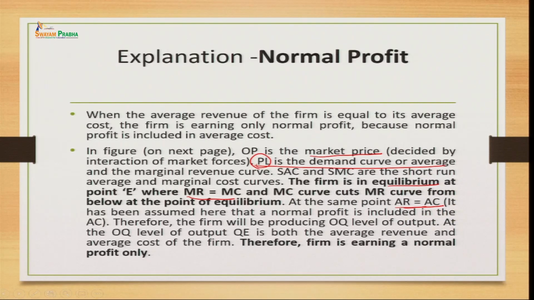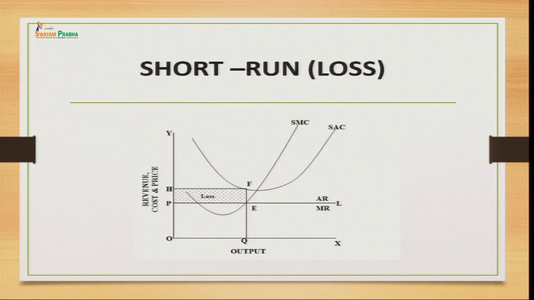So, when average revenue is equal to the average cost, it will represent the condition of normal profit. Now let us move further to see how we represent the losses in the short run, because firms either earn supernormal profit, or they can earn normal profit, or they can incur a loss. So, here we are representing the condition where firms are incurring the loss. Again the same explanation, because the graph will remain the same, only there will be a change in the average cost curve.